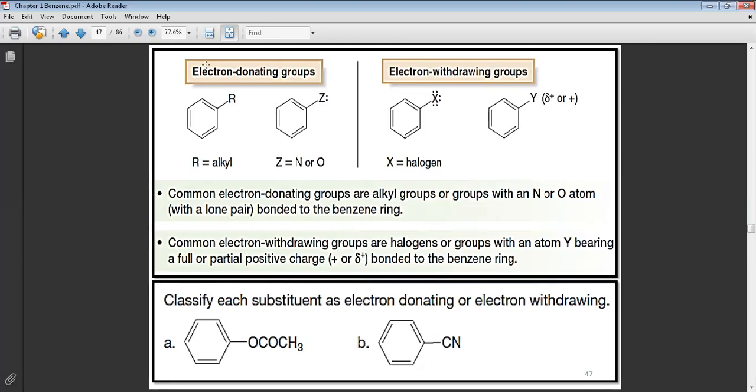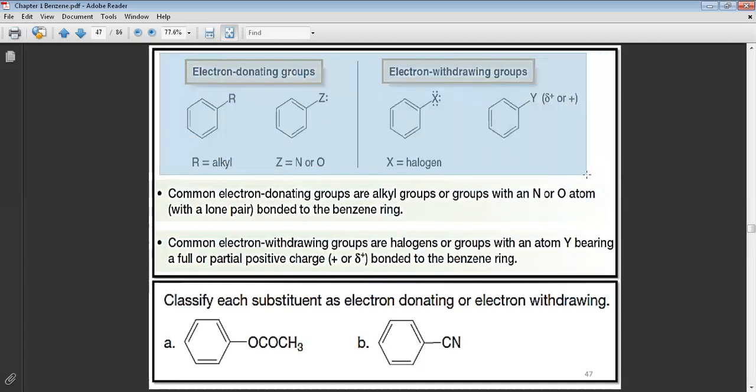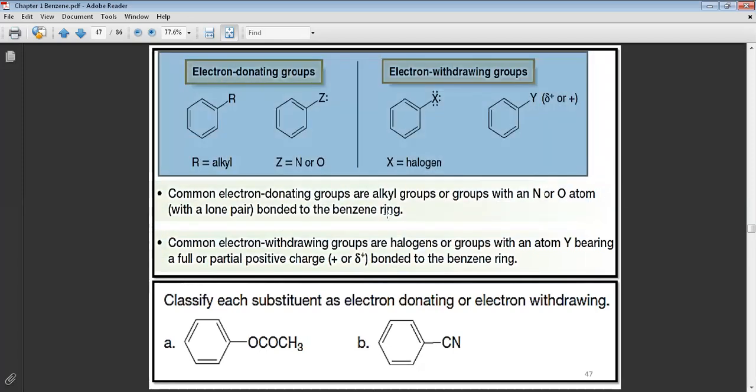Okay, it is a useful summary. Now: classify each substituent as electron donating or electron withdrawing.